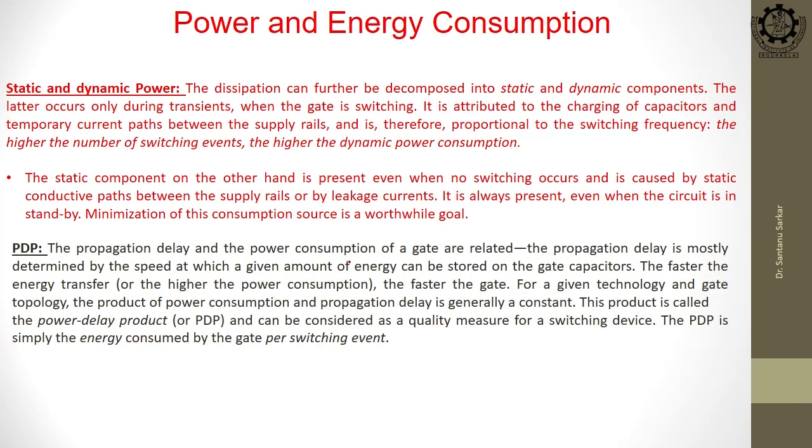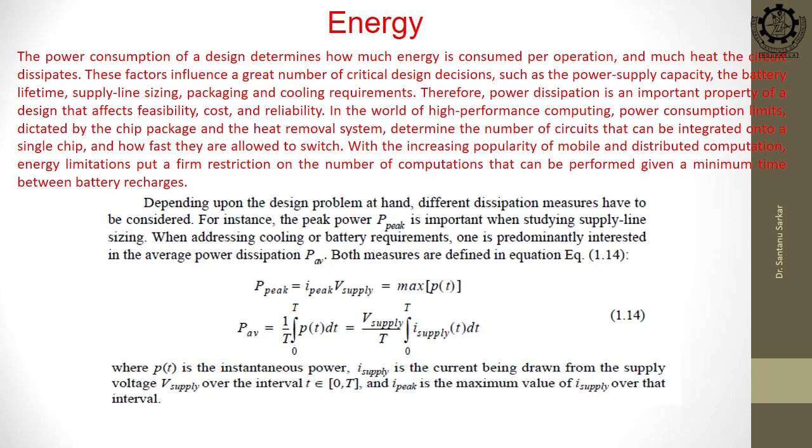So, sometimes what happens is that if you compare two circuits based on power, this may not give you the actual idea of which circuit is better. Suppose two designers, one has designed a circuit which will work for 10 kilohertz and another has designed a circuit which is working at 1 gigahertz.